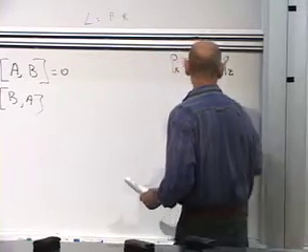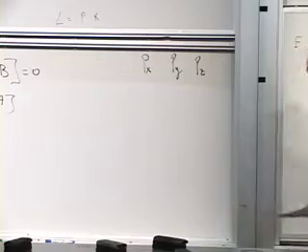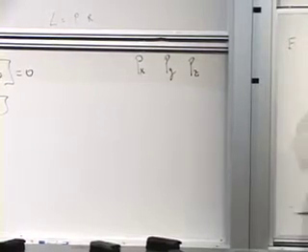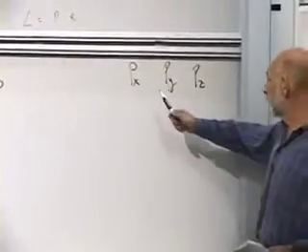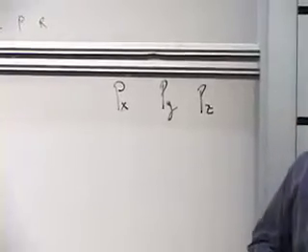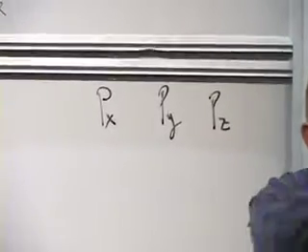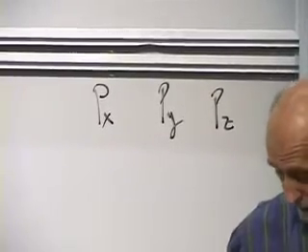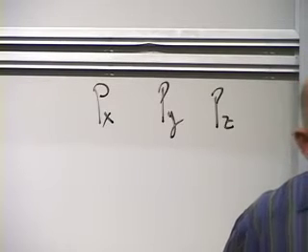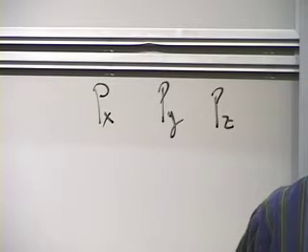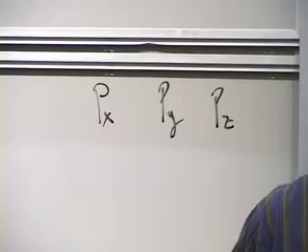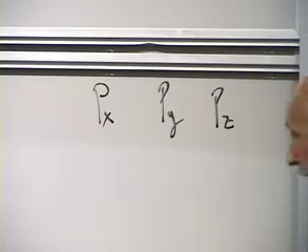They're the components of the vector momentum, and they also commute with each other. You can measure the three components, or better yet, the magnitude and the direction of the momentum, but you can measure all three components simultaneously. There's no obstruction. They commute with each other.